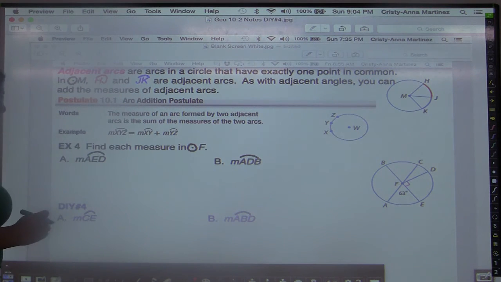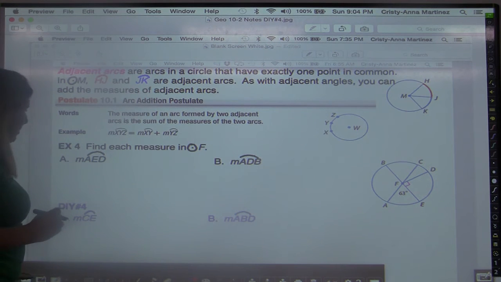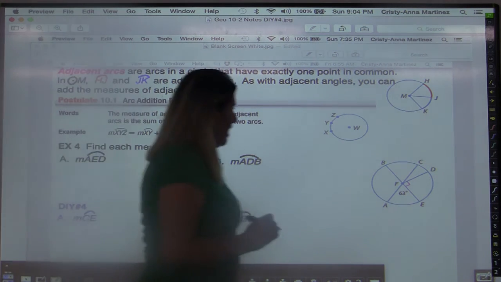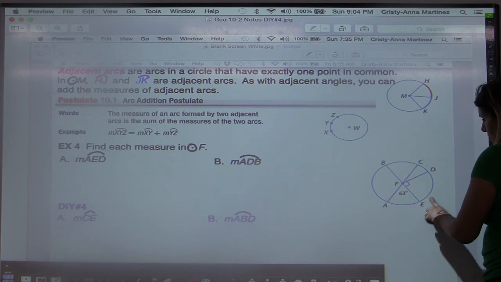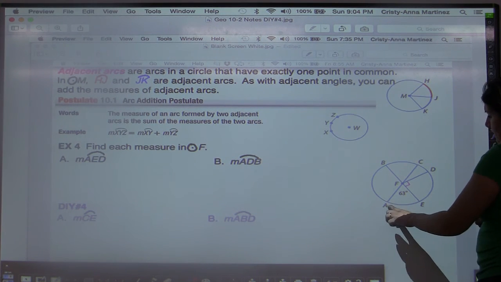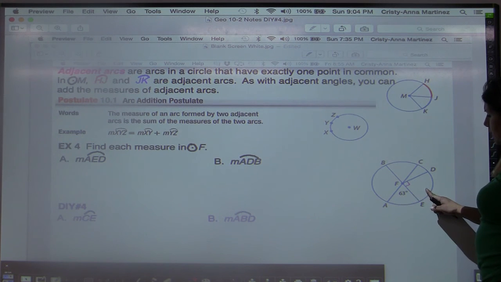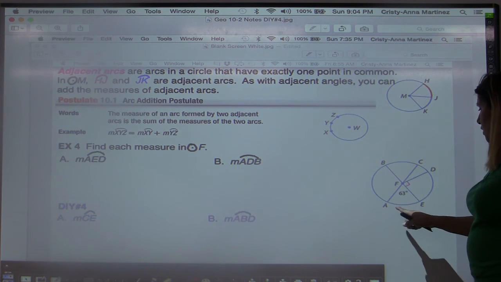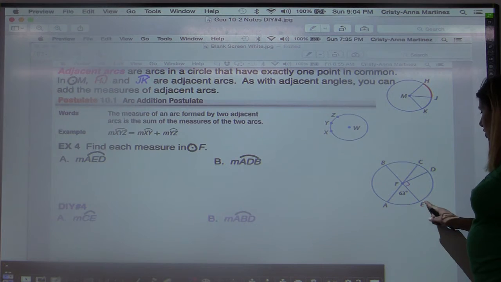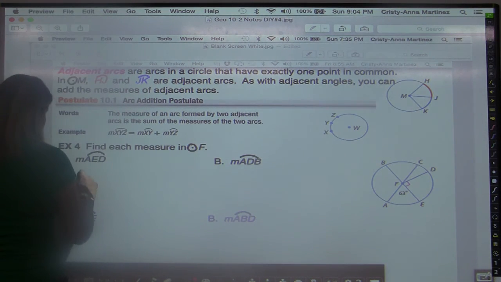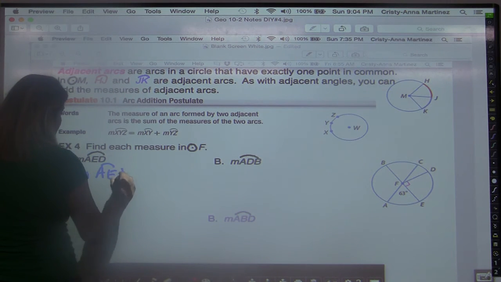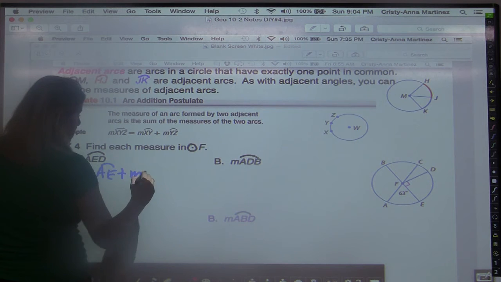It says find each measure in circle F. We want first the measurement of angle AED. So here we have the measurement of angle AED. We want to take these pieces here. So we have AED, we have 2 adjacent arcs there, arc AE and arc ED. So this is going to be equivalent to the measurement of arc AE plus the measurement of arc ED.